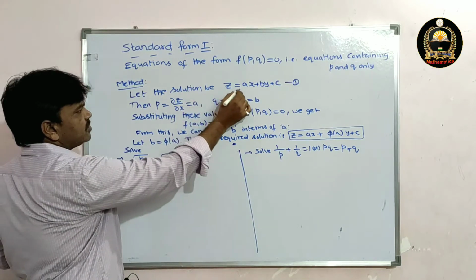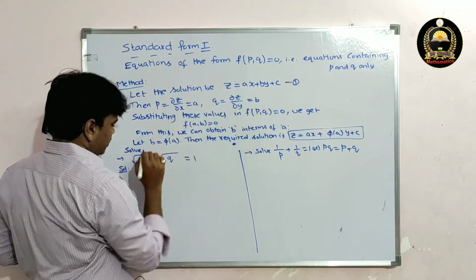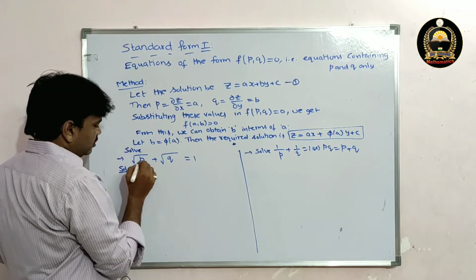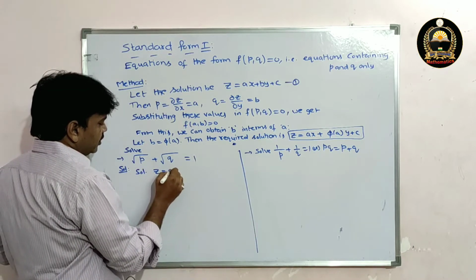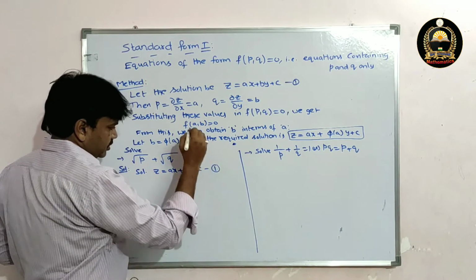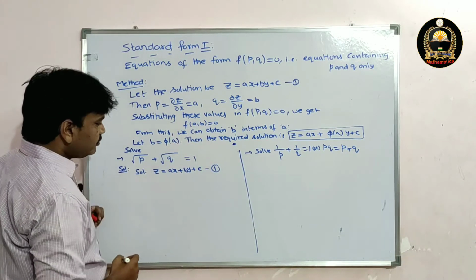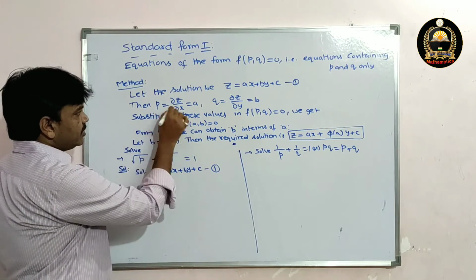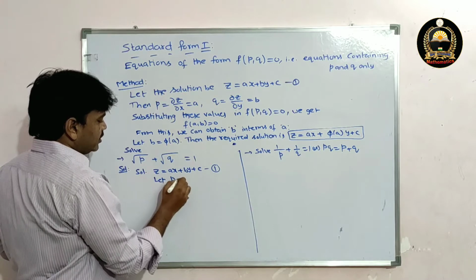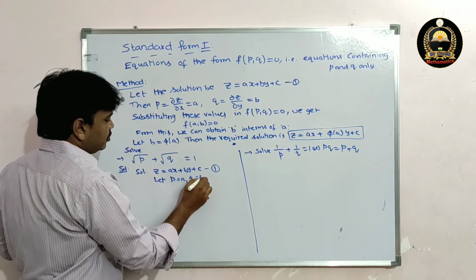Solution: z is equal to ax plus by plus c. Say this is 1. What is the next step? Let p is equal to a and q is equal to b.